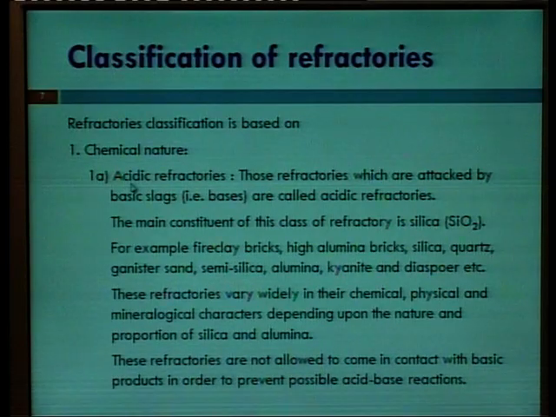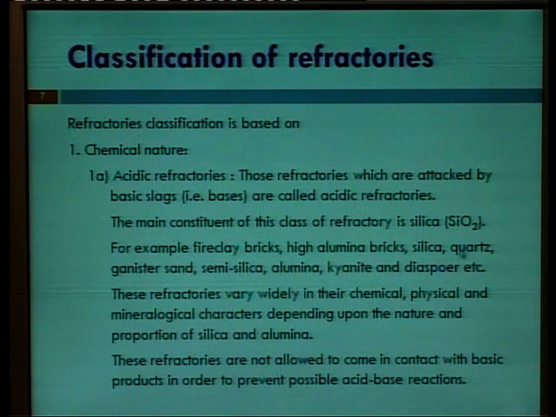So, if any material which you are using as a refractory can react with basic compounds, then it can form a basic slag, and it can undergo deformation.